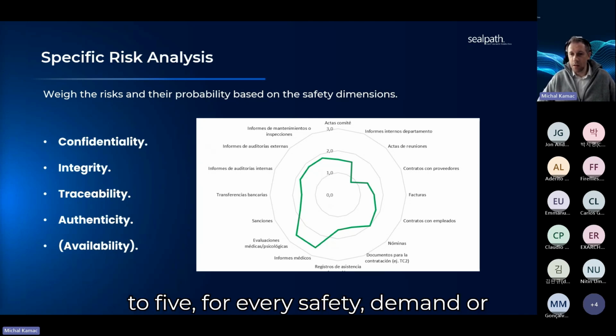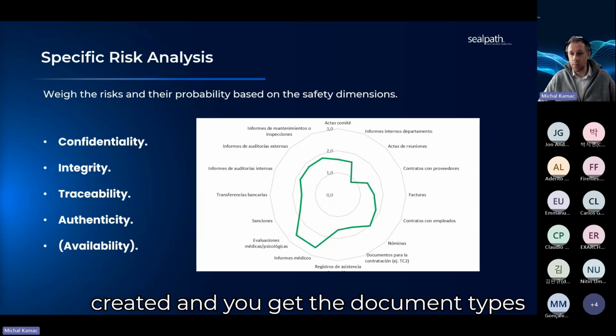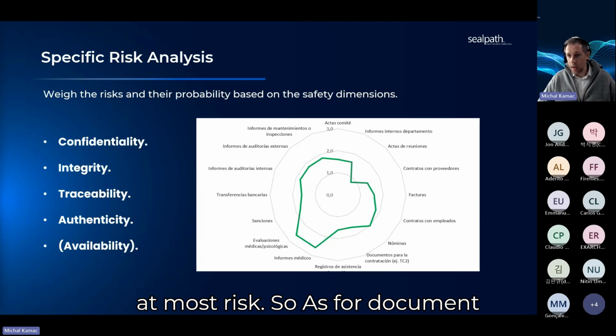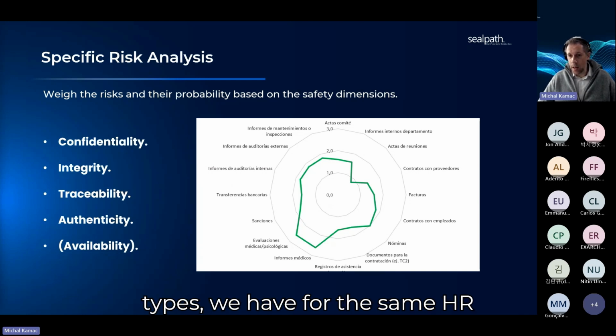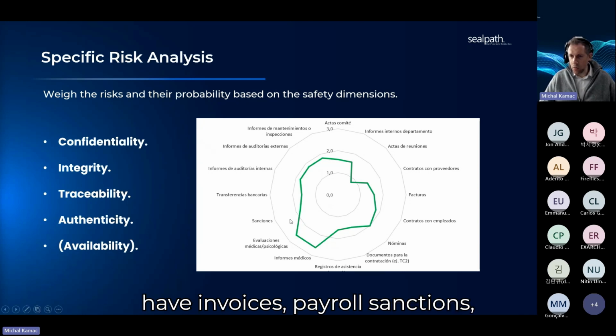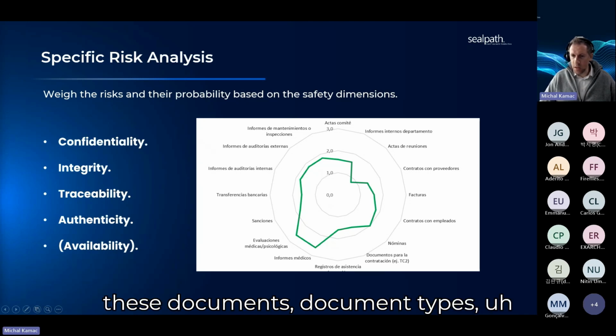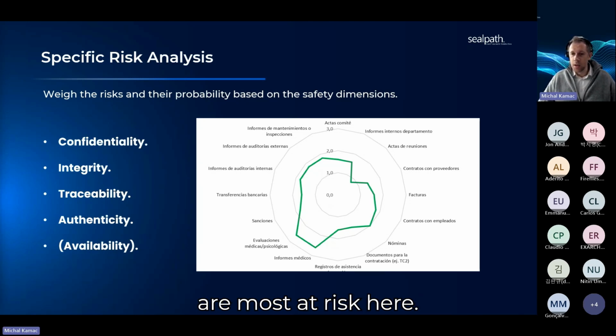For every security dimension, an average could be created, and you get the document types at most risk. So as for document types, for the same HR case I just showed, here we have invoices, payroll, sanctions, reports, etc. So these document types are most at risk here.